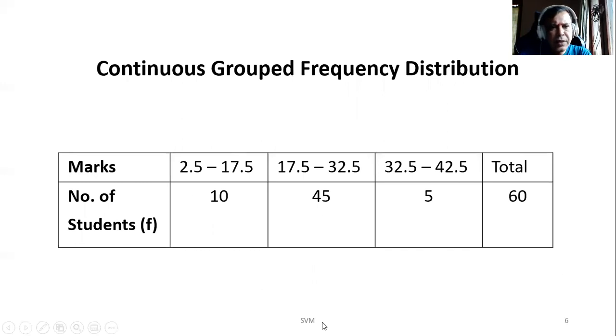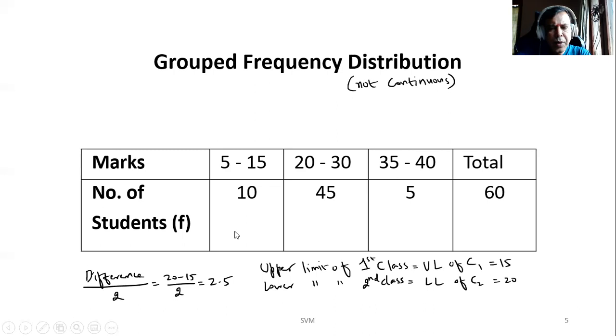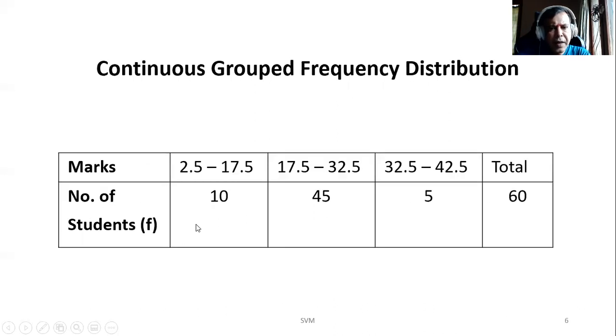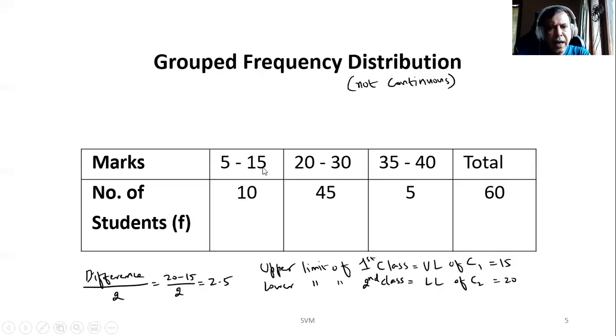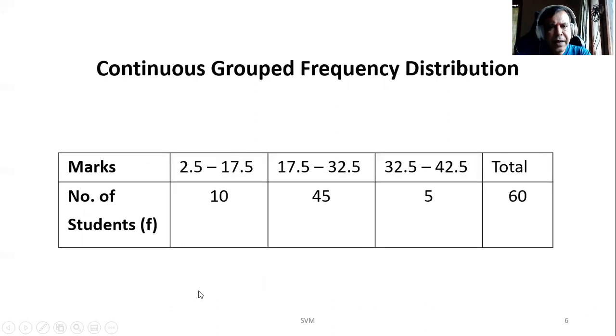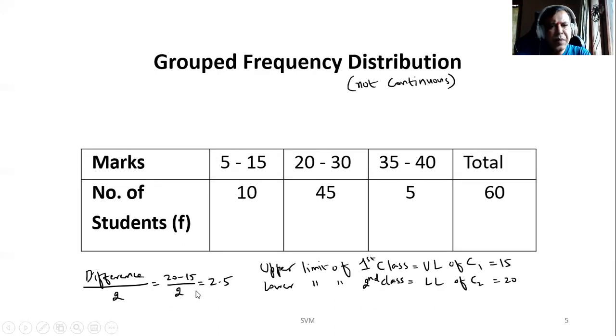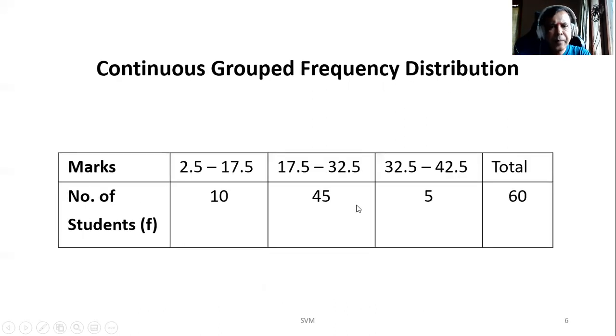See this 5, I subtracted 2.5 and made it 2.5. And then 15, I added 2.5, made it 17.5. Similarly, this 20, I'm subtracting 2.5, and 30, I'm adding 2.5. So this 20 will now become 17.5, and this 30 will become 32.5.